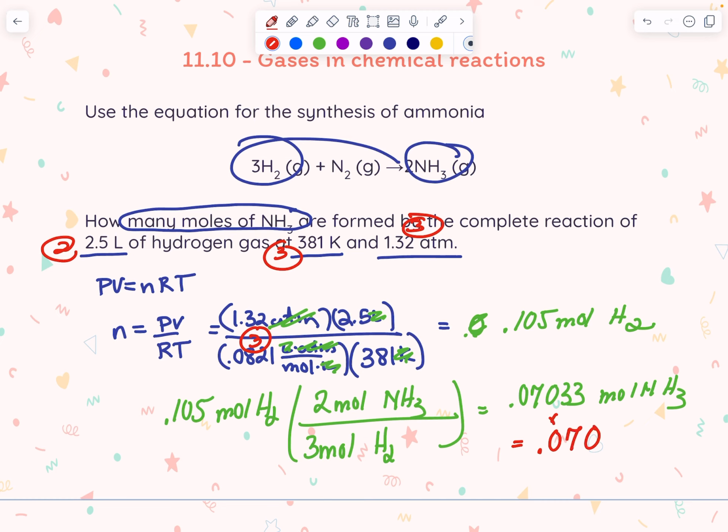Now remember, beginning zeros never count, but ending zeros count if they're after the decimal point. So that tells me that when I use 2.5 liters of hydrogen gas at 381 Kelvin and 1.32 atm, I can make 0.070 moles of NH3, which is ammonia.